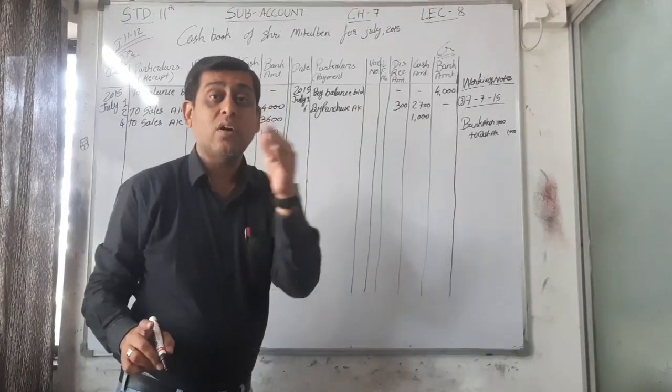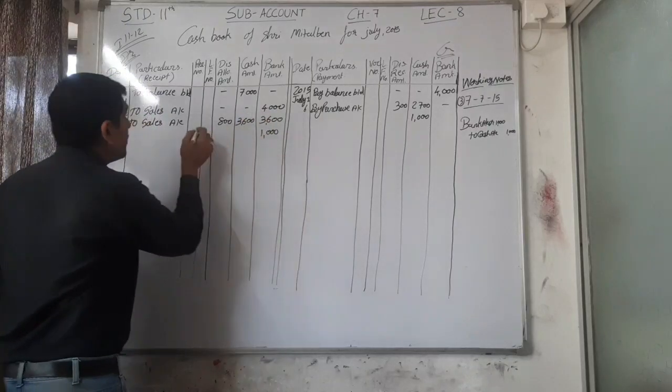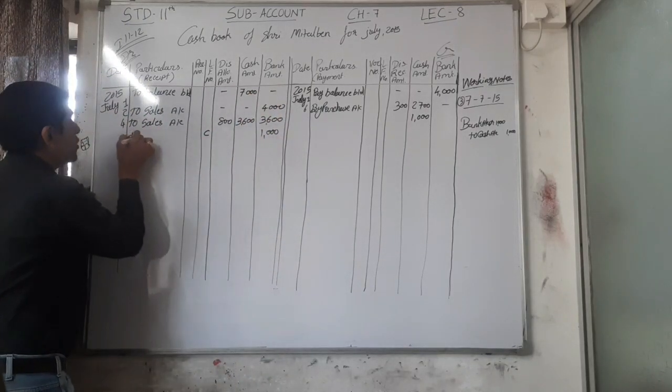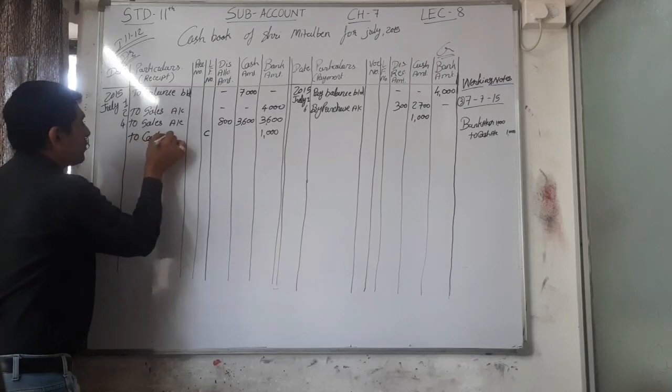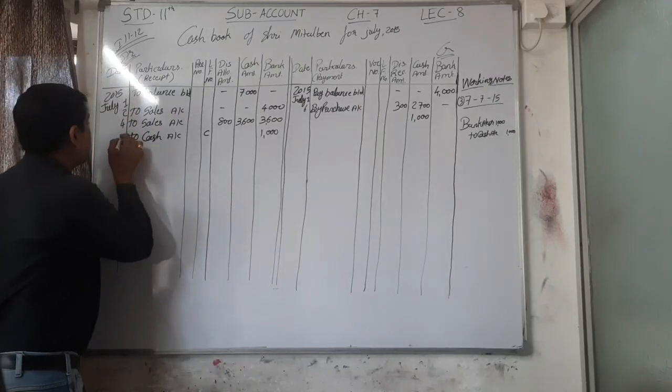And in the particular column we have to write down the opposite side's name. Whenever we are writing in the bank column, here we have to write down C and bank, that's why here to cash. The entry is on 7/7.